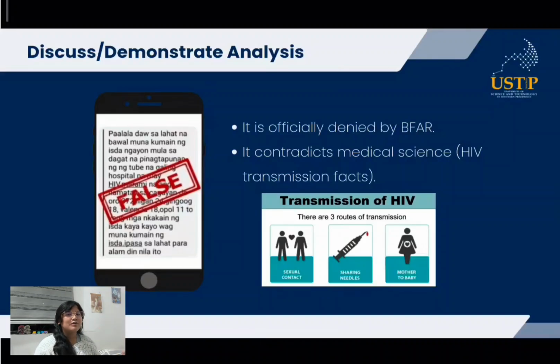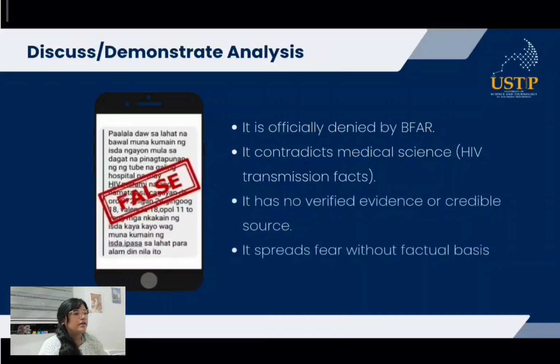So just know that HIV cannot be transmitted from fish to human, it can only be transmitted between humans. Okay? From what I said earlier, it has no verified evidence or credible source. It's just a message, and it can spread fear without factual basis.